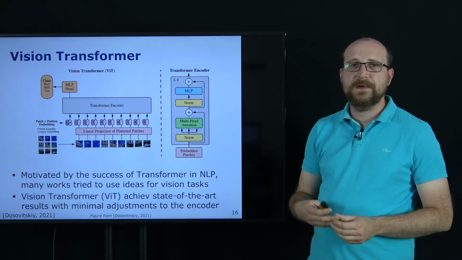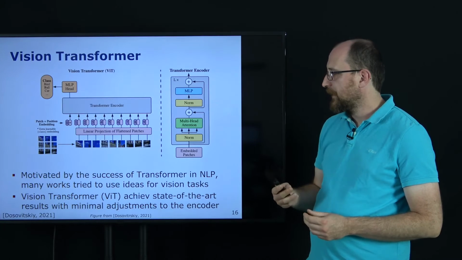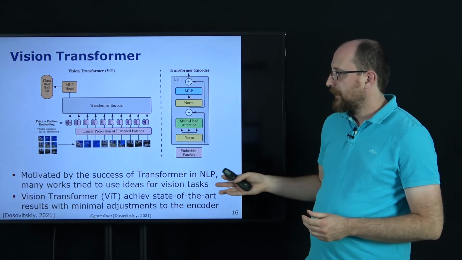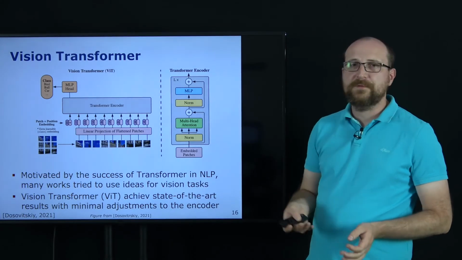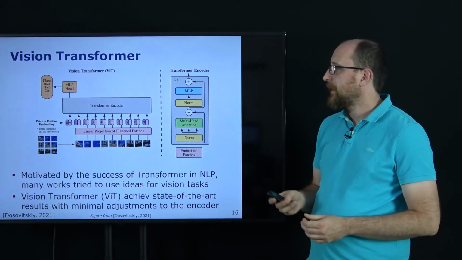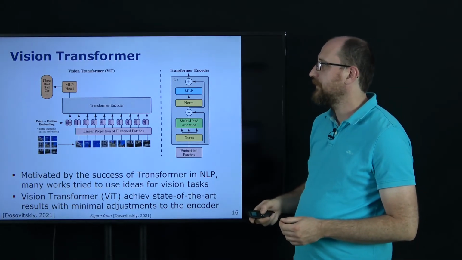In this specific case, image classification on ImageNet. And the very promising result was in the end that the vision transformer could also achieve state-of-the-art results. Now we will look more in depth into how this was achieved.